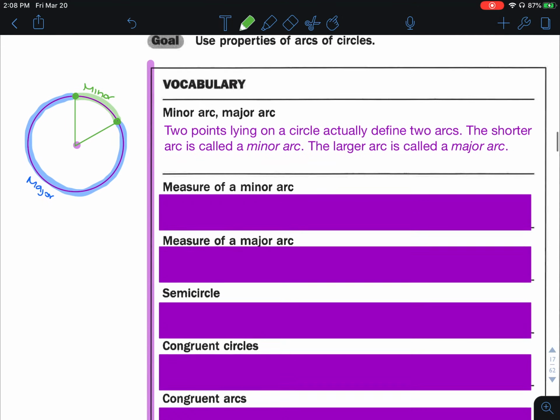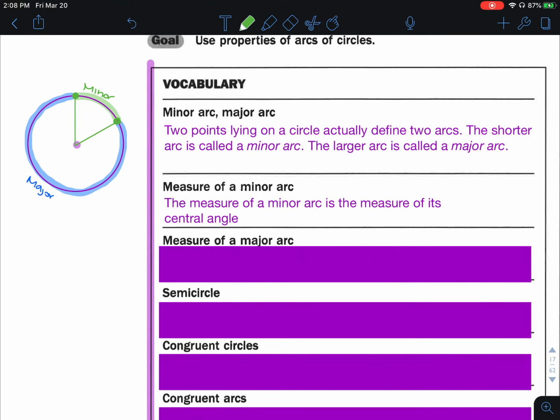Okay, let's talk about how to find the measure of a minor arc. So the measure of a minor arc is the measure of its central angle. Well, in a circle, angles add up to 360. So that entire green little circle adds up to 360. My central angle always goes from the center of the circle and then opens up.